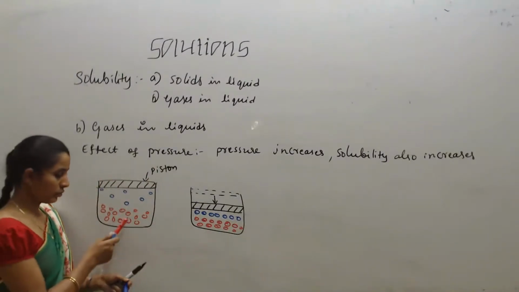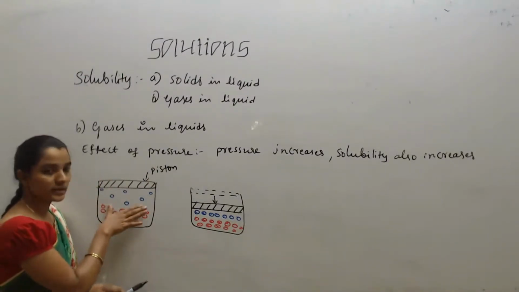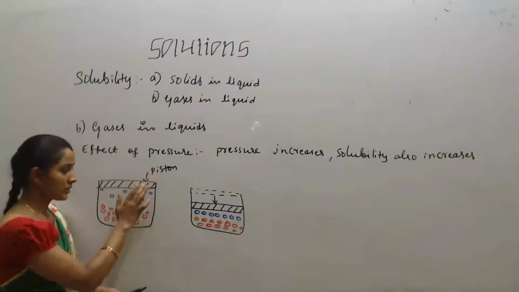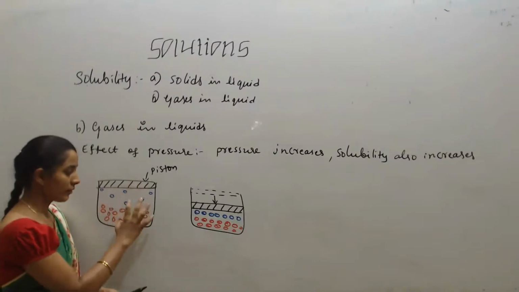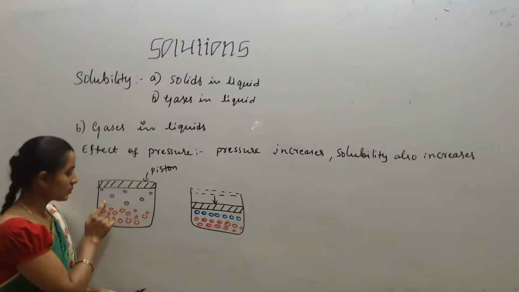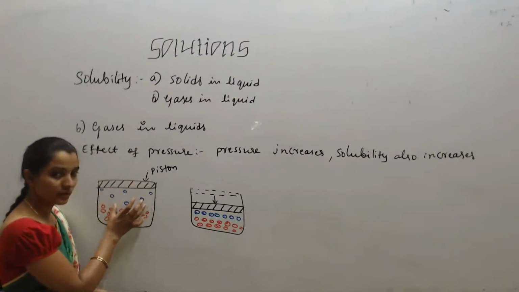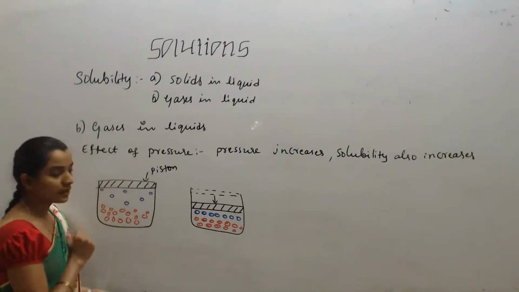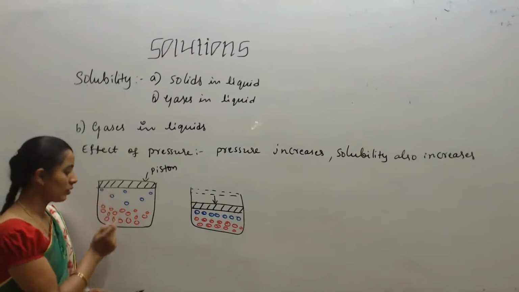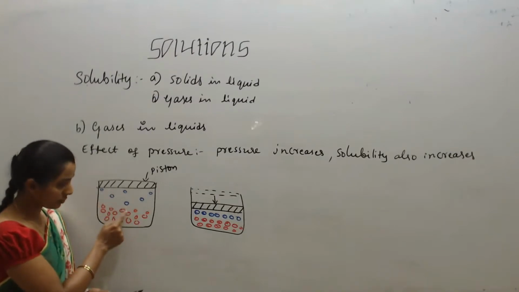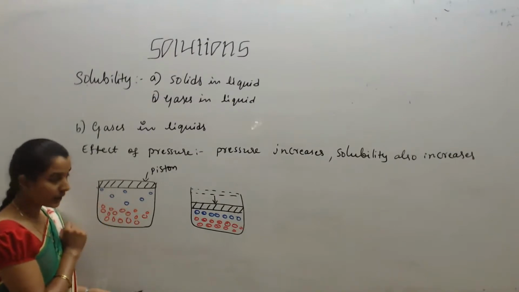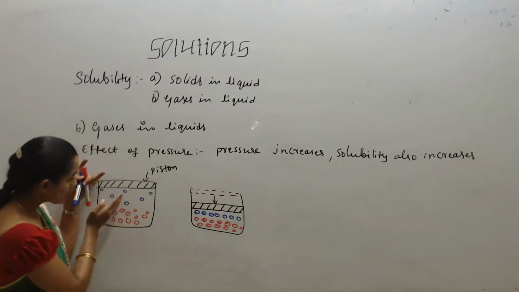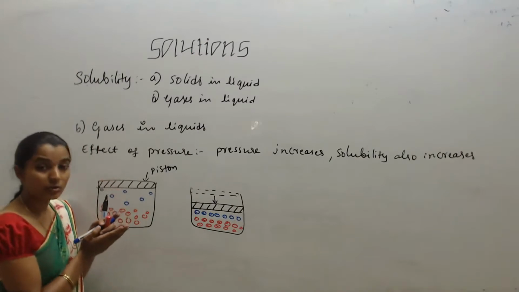So here two different solutions are there. On the surface of the solution, gaseous particles are there. Here the piston is there. When the piston is at some distance, the gaseous molecules are far away from each other. Here the dissolution is very less. The particles dissolved in water are very less. I think you are observing this. Next, if you apply pressure, then all these gaseous molecules come closer.